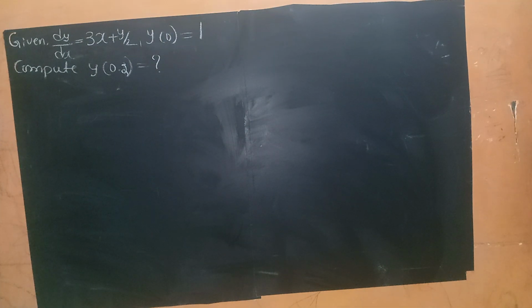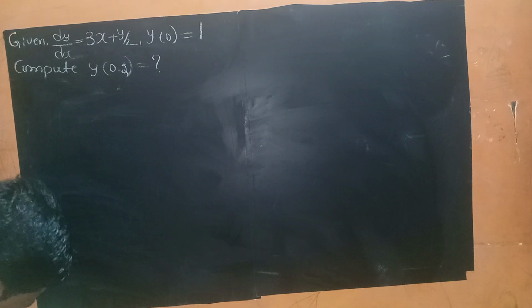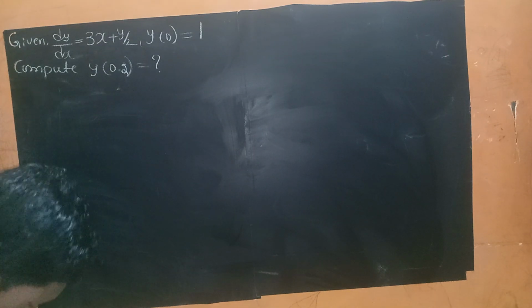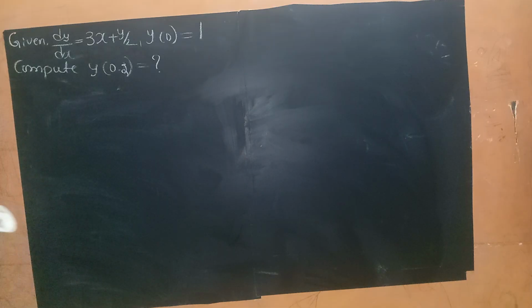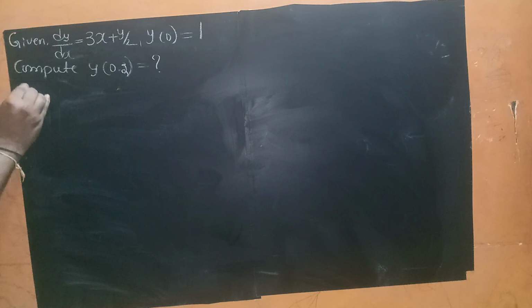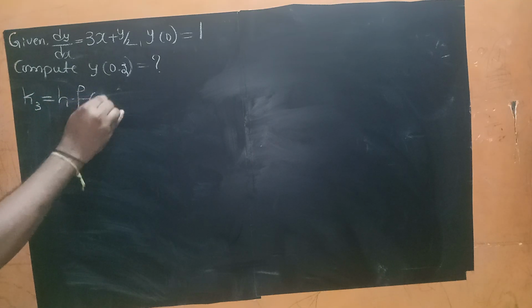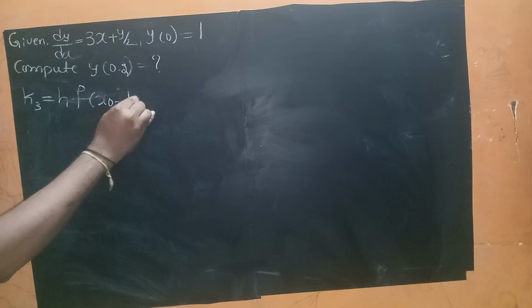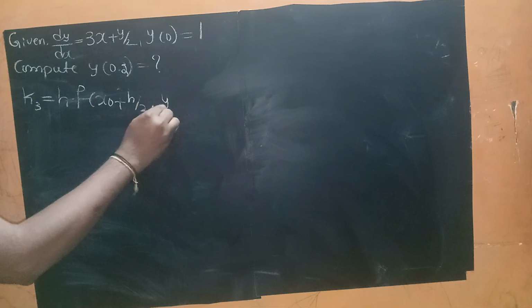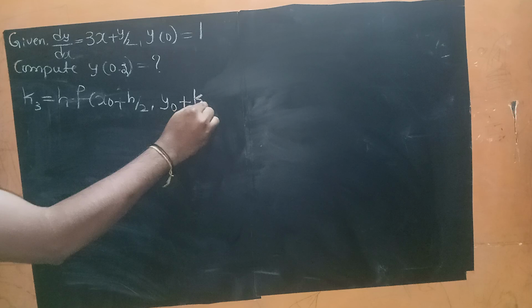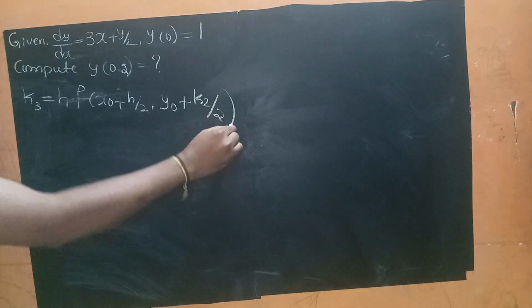So now we have to find out the next value, K3. Again the formula is K3 equal to h into f of x0 plus h by 2, comma y0 plus k2 by 2.